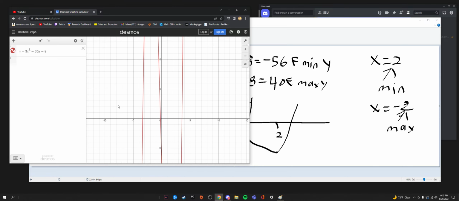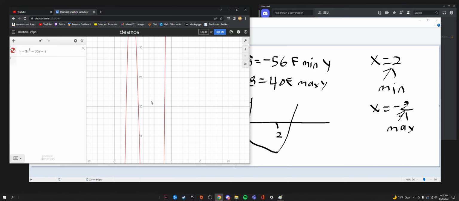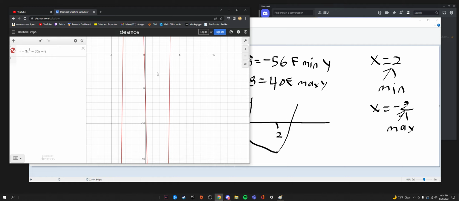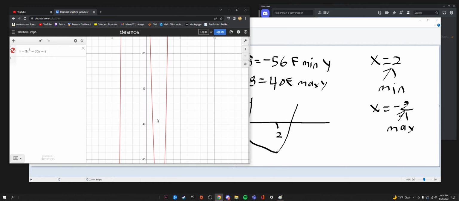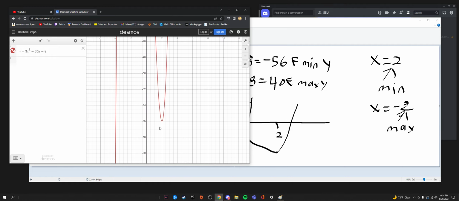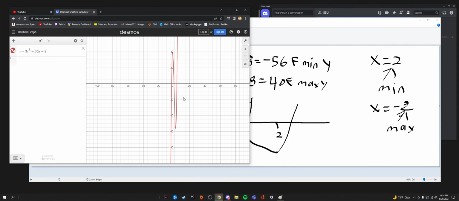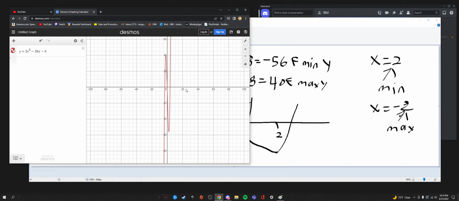So, yeah, I did an awful job drawing, but we can see our maximum point at 40 and our minimum point at presumably negative 56 if I did this right. Yep, negative 56. So if we zoom all the way out, we see it.